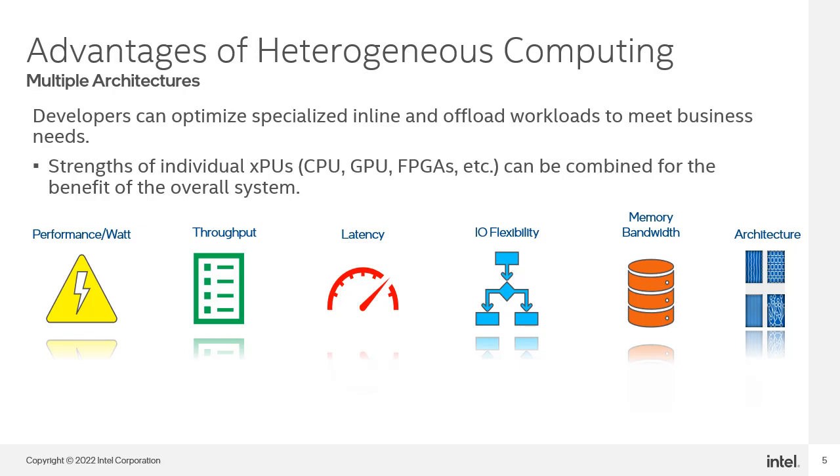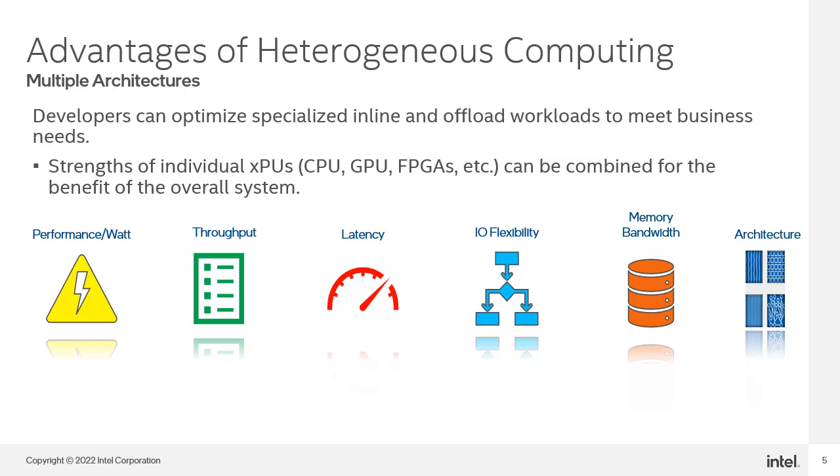The individual strengths of these architectures, such as spatial, vector, scalar, can be combined for the benefit of the overall system. These strengths, which range from performance, throughput, latency, I/O flexibility, to memory bandwidth, can be combined.